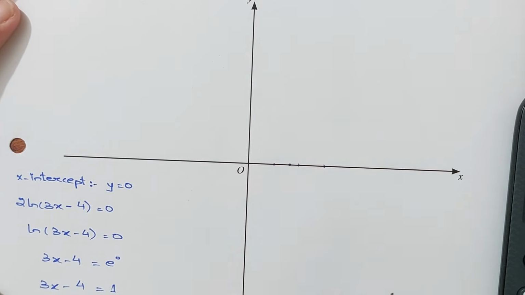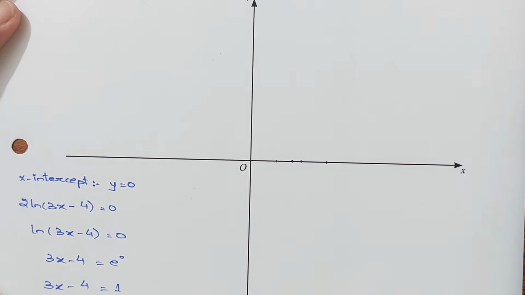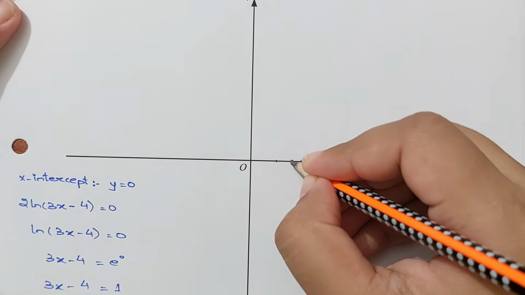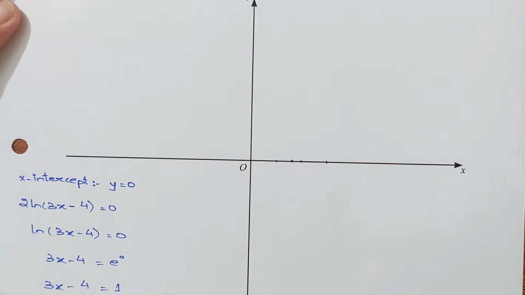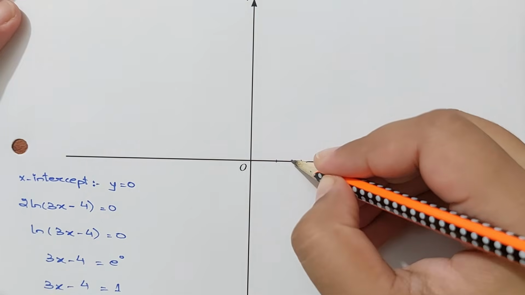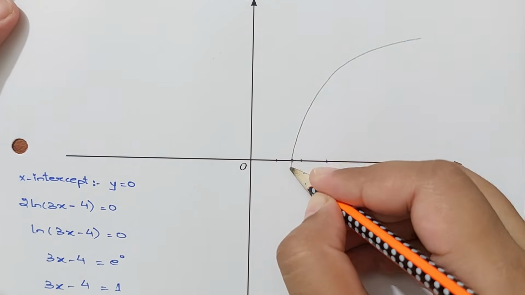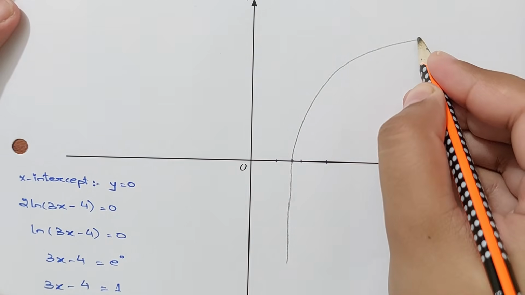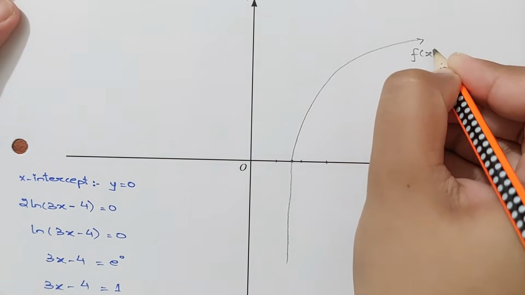The values that are more than 5 by 3, all the x values, right? So the shape of the graph is, this is the x-intercept, right? And the range is y from minus infinity to plus infinity, and the values of x are more than 4 by 3. Let's say this is 4 by 3, all the values that are more than 4 by 3. This is the graph for f of x, right?